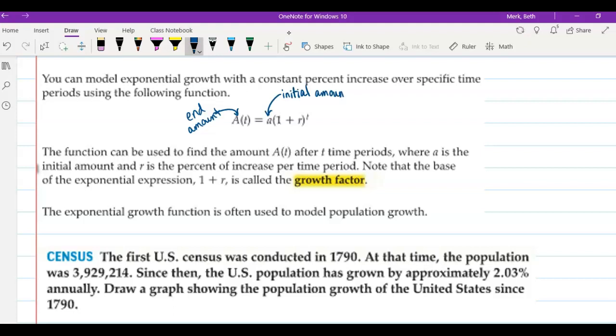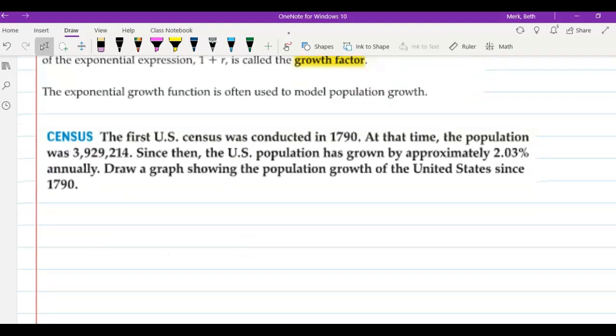So if we're talking about money, this is the money you start with. If we're talking about number of cells, this is the number of cells you start with. If we're talking about a population, this is the initial population. This number right out here, T, represents our time. And R, again, is the rate, often the percentage.